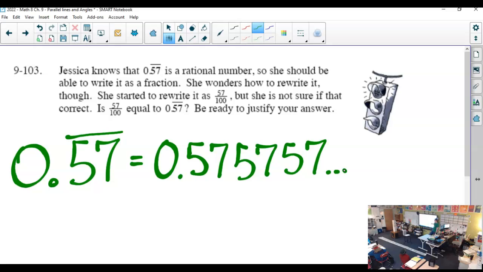The dot, dot, dot, known as an ellipsis, has 2 purposes. One purpose, like we use here, says this keeps going like what you see: 57, 57, 57, 57. It's going to keep doing the thing we see. However, dot, dot, dot in a situation like pi says this keeps going, and do we see any pattern?